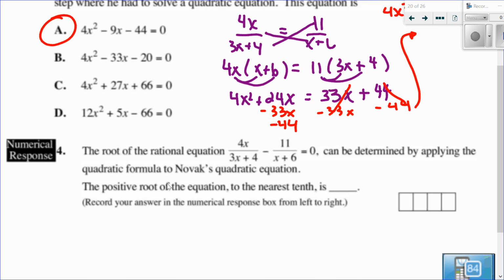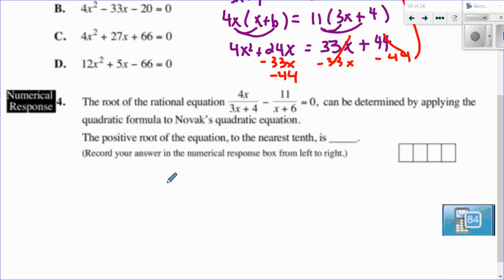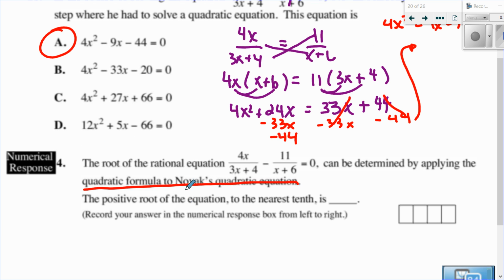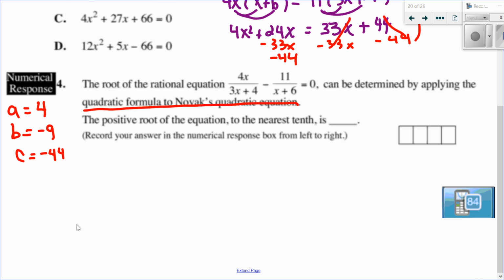Okay, let's look at the root of the equation. So they say you can now determine the root of this equation by using the quadratic formula on the quadratic equation. So if I use the quadratic formula on this, I'm going to get my answer. So quadratic formula, first of all, let's label our a, b's, and c's. So a is the number in front of x squared, b is the number in front of x, and c is the number all by itself, the lonely number or the y-intercept.